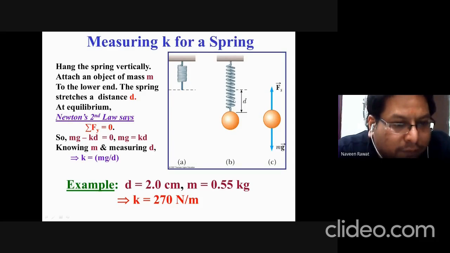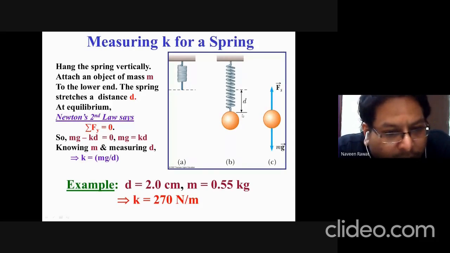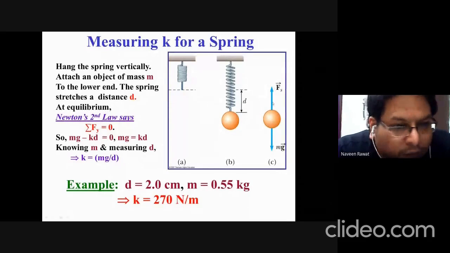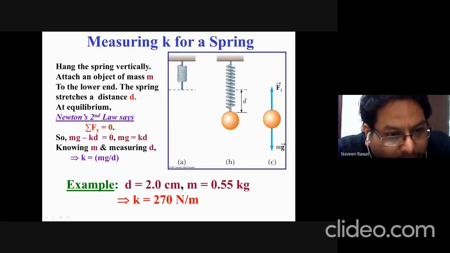It will displace by an amount d. Once it does that, it will attain an equilibrium situation in which this mg will essentially balance out this force F_s, which is the force of the spring. Now it is not moving, so the net force in this situation, the sum, is 0.